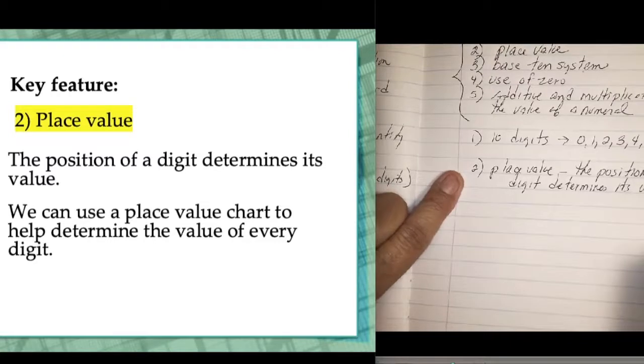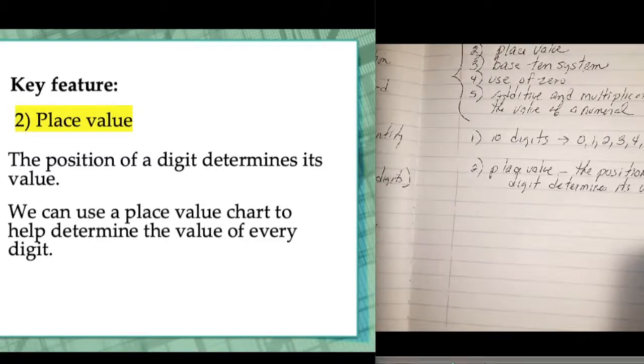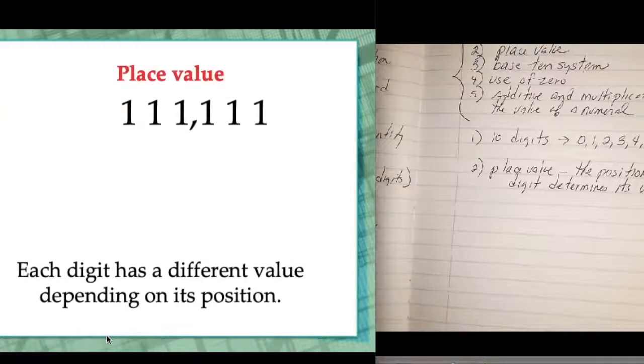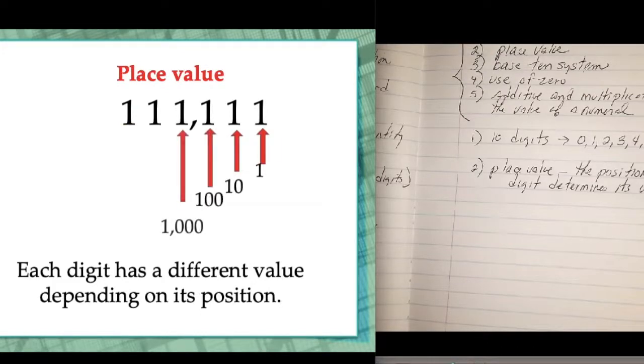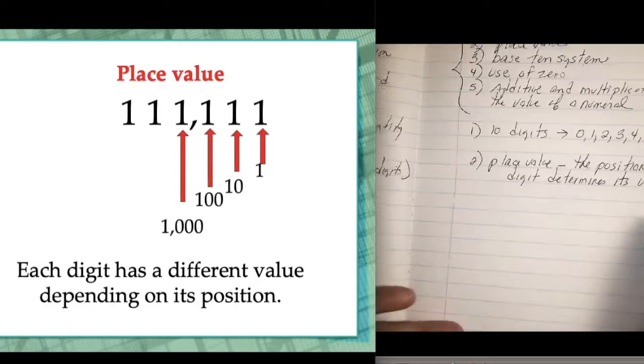So let's use a place value chart to help you understand this definition of place value. So look at the number 111,111, and you'll notice that every digit is a different value. They're not all ones. Their face value is 1, but where they're located determines its value.